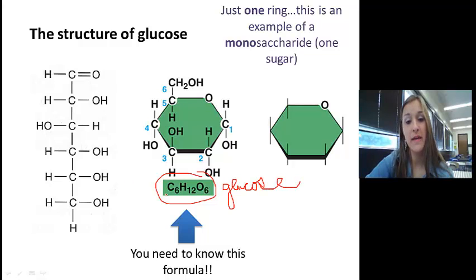And the formula is C6H12O6. Sugars always have the same number of carbons as oxygens and twice the number of hydrogens. So 6 times 2 is 12. That's why we have 12 hydrogens here.